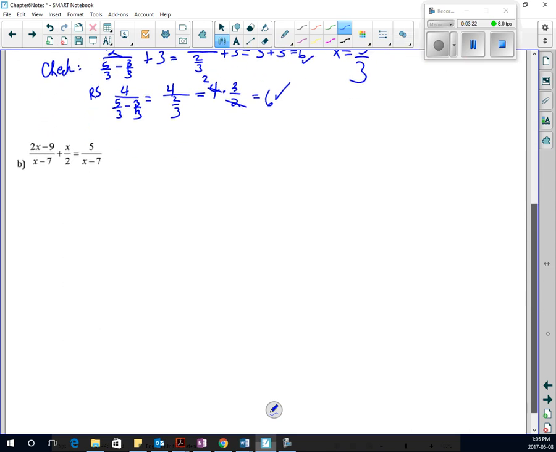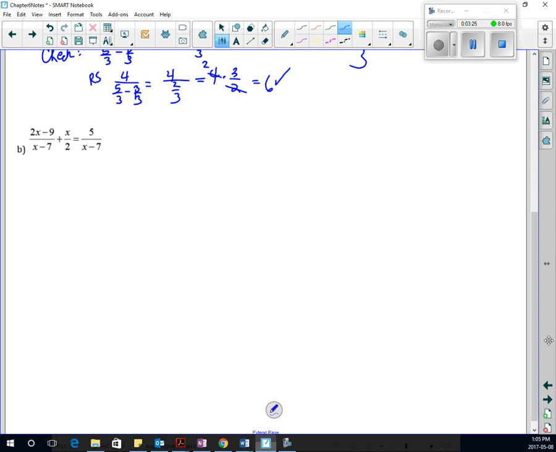What's my LCD here? Well, my LCD is going to be 2 times x minus 7. So again, I'm going to give myself some room here. 2x minus 9 over x minus 7 plus x over 2 equals 5 over x minus 7.